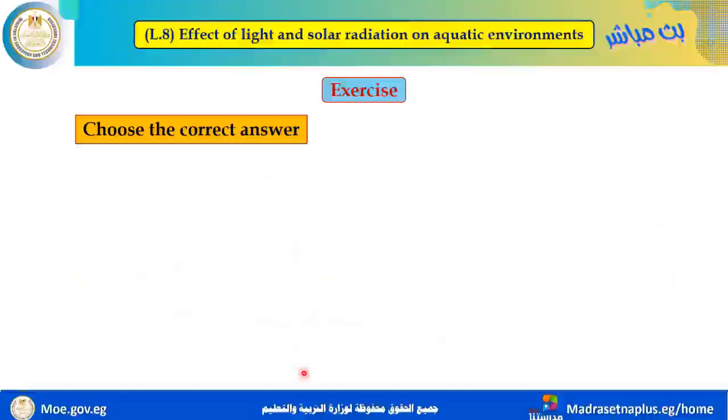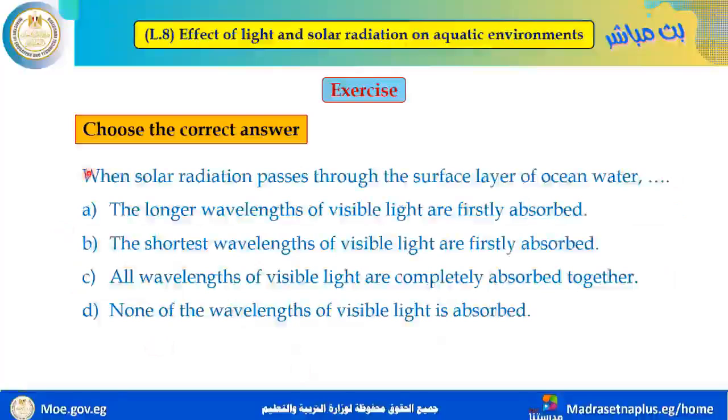Okay? Another question. When solar radiation passes through the surface layer of ocean water, what will happen? Let's start with the different choices. The longer wavelengths of visible light are firstly absorbed. The shortest wavelengths of visible light are firstly absorbed.